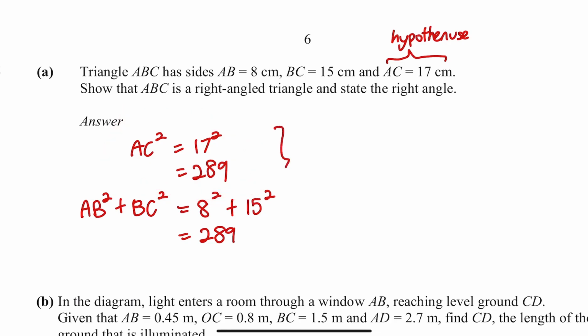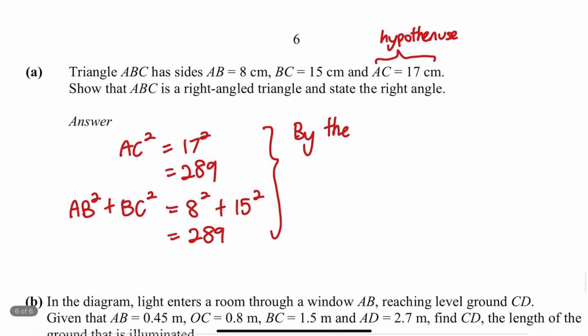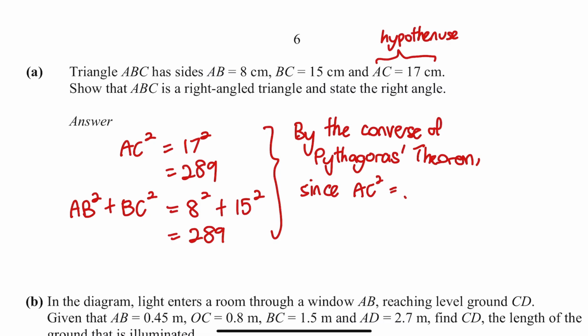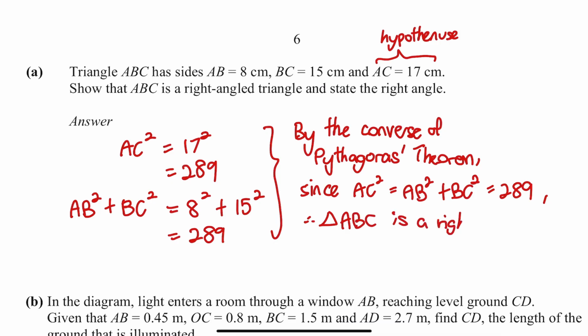Therefore, by the converse of Pythagoras theorem, since AC square is equal to AB square plus BC square equals 289, triangle ABC is a right angled triangle.